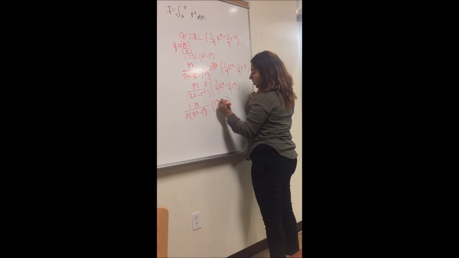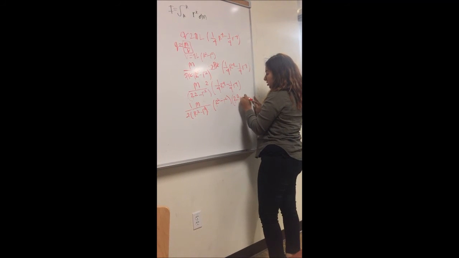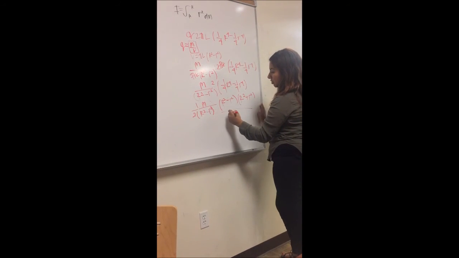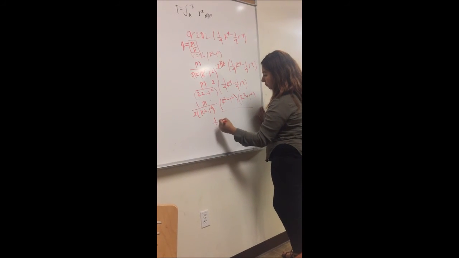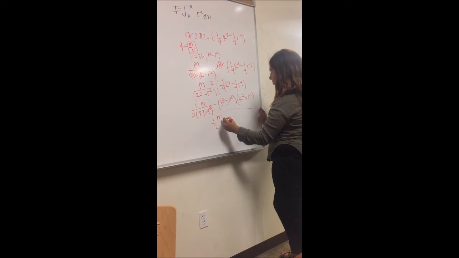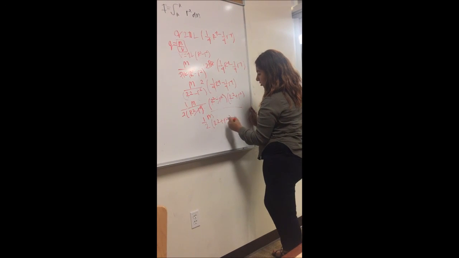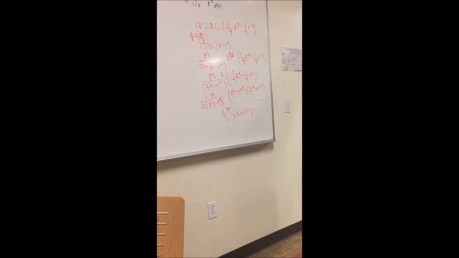So it'll be big R squared minus little r squared times big R squared plus little r squared, in order to cancel one of those out. So it'll be 1/2 m, this will cancel, and you'll be left with big R squared plus little r squared. And that would be our inertia, if I'm correct.